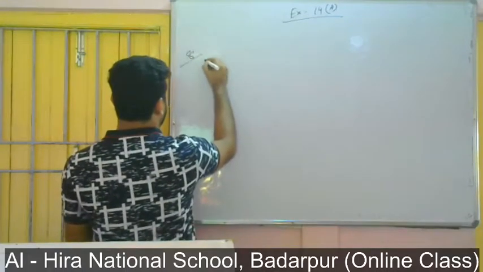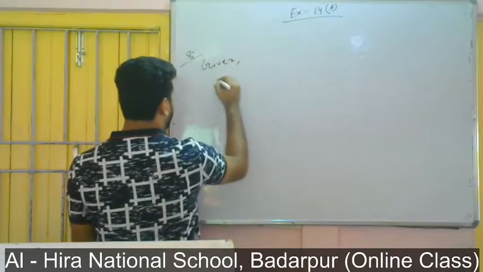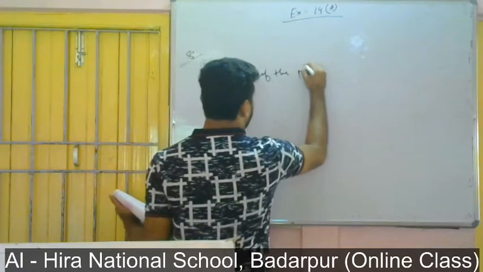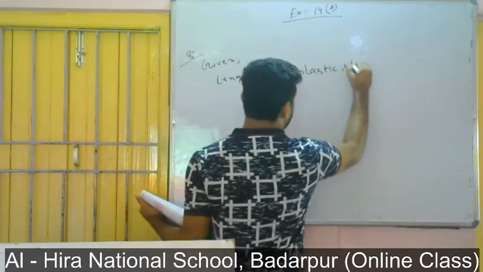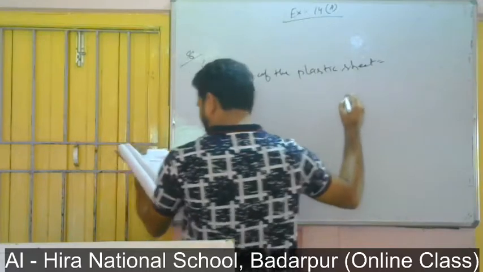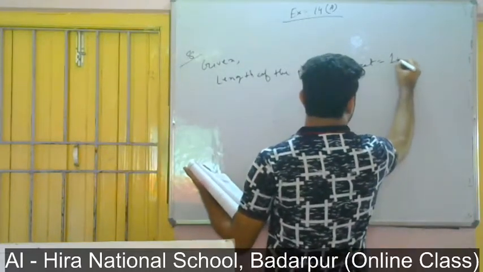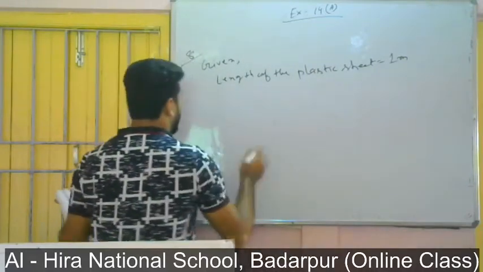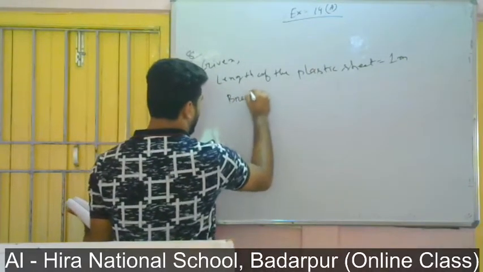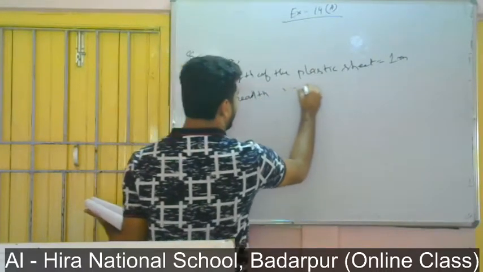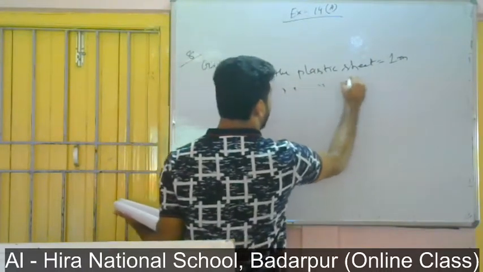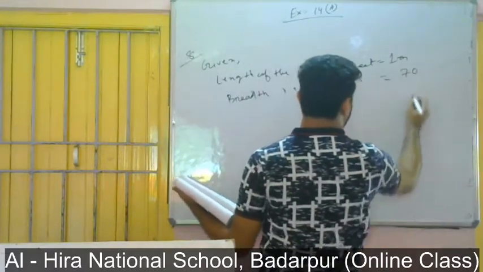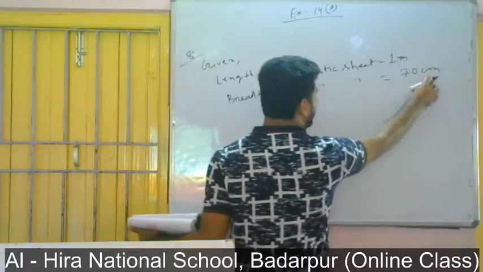Question number 8. Given: length of the plastic sheet is 1 meter, and breadth of the plastic sheet is 70 centimeters. Here you see meter, here centimeter, so you have to convert this.